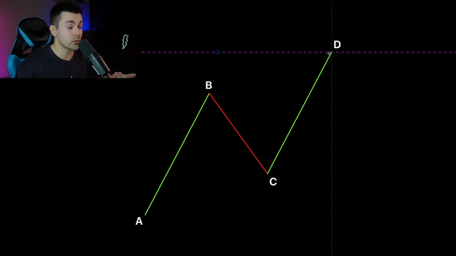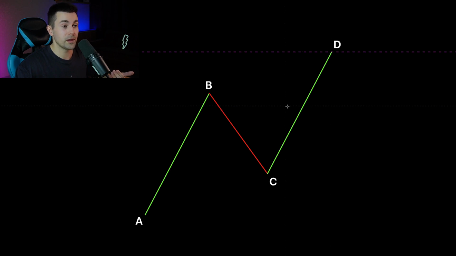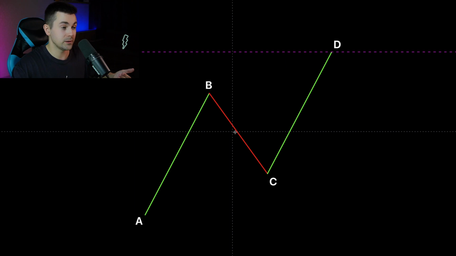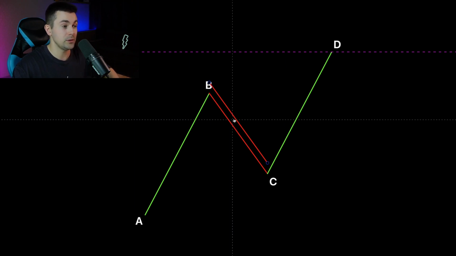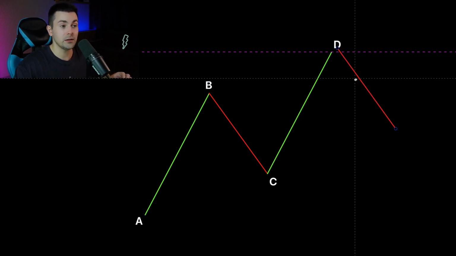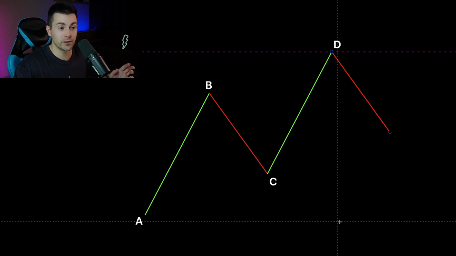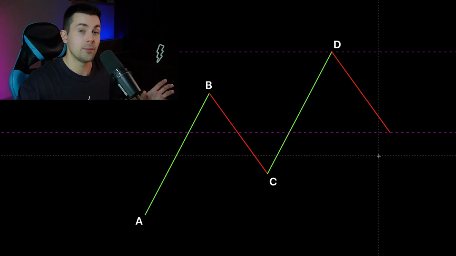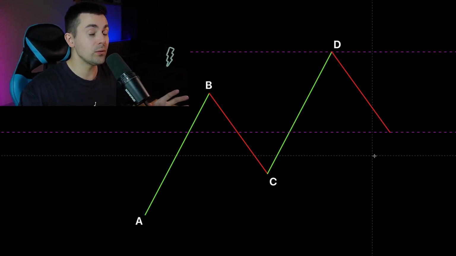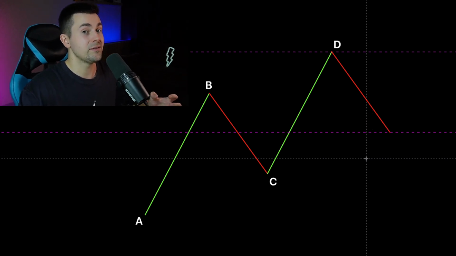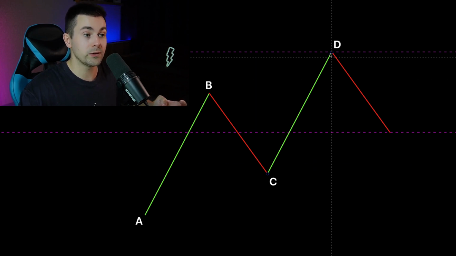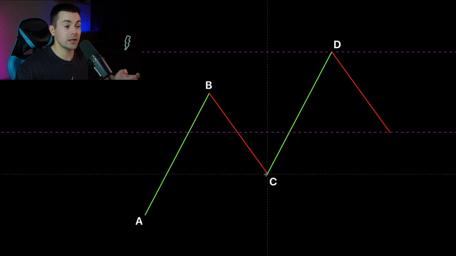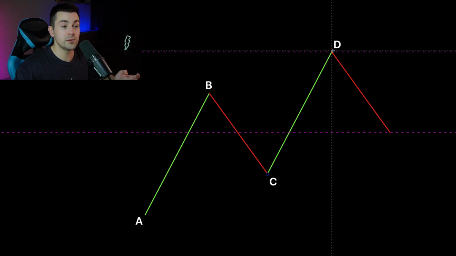So you will sell from the D point, and your target will be based on the B2C leg, right? So we will take the B2C leg and project it from the D point, and that will give us the target level. But with stop loss, we will apply the Fibonacci extension. We will take our C to D leg, and based on that, we will draw the Fibonacci extension.